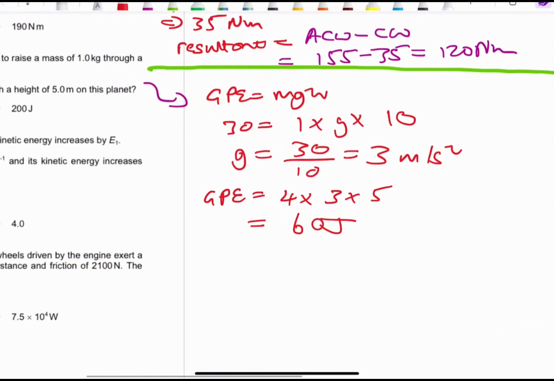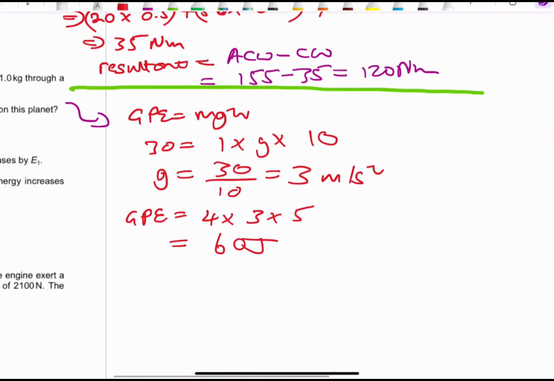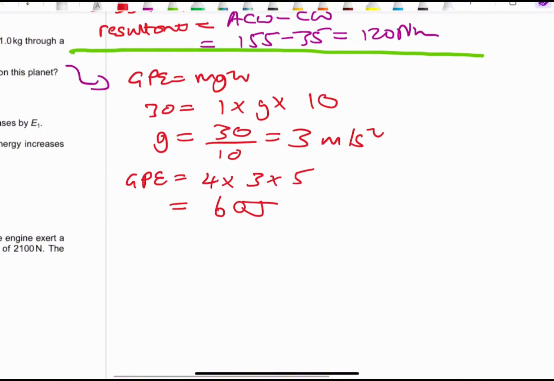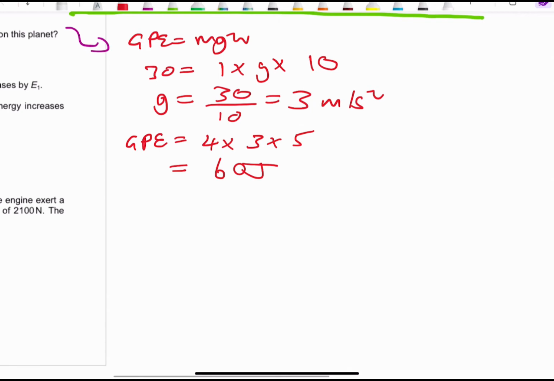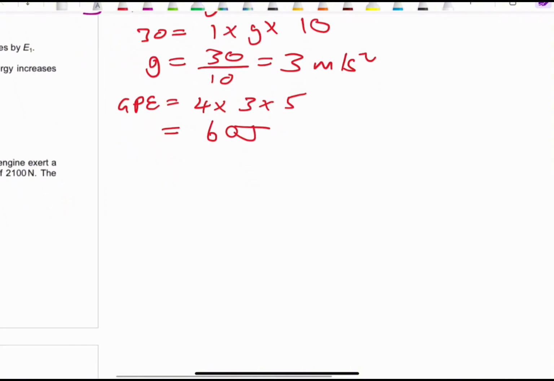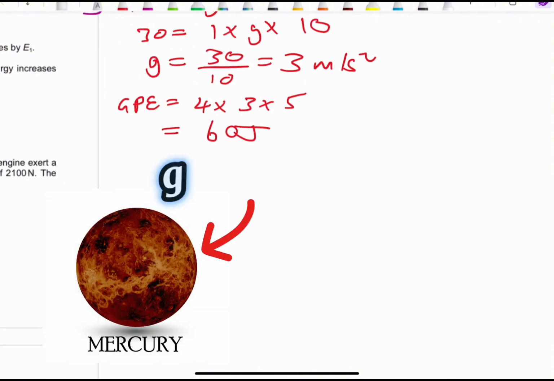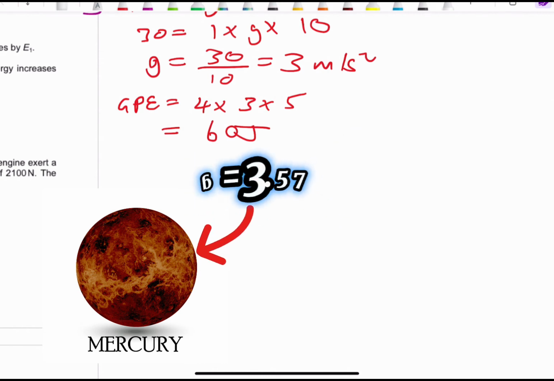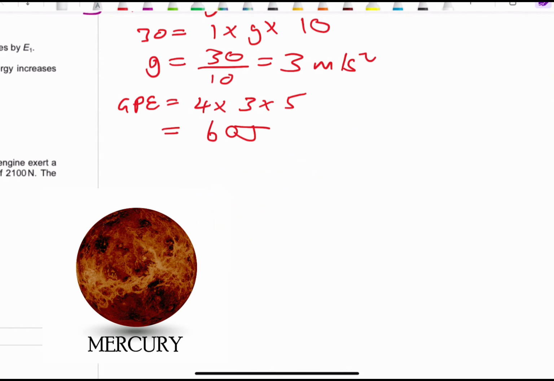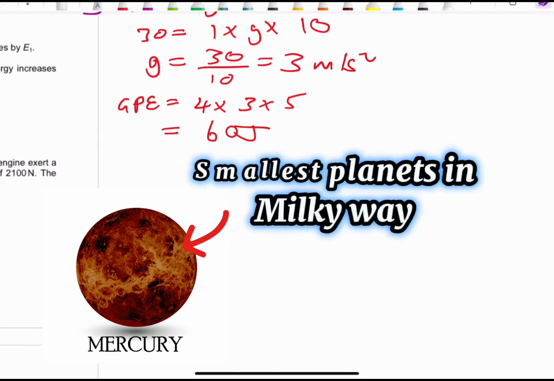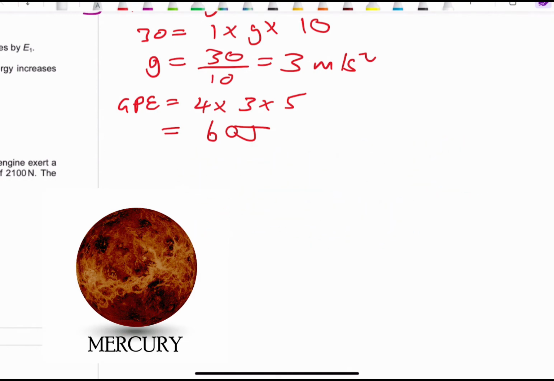In case you're wondering, they said on a particular planet, the value of g is 3, right? I don't know specifically the planet that has 3, but the closest to this are Mars and Mercury, right? Mars has a value of g of about 3.7 and Mercury about 3.6, and Mercury is one of the smallest planets in our solar system.